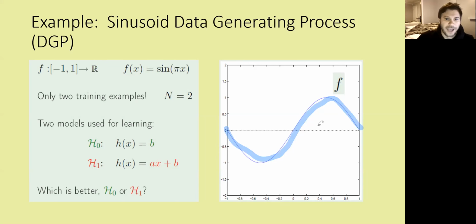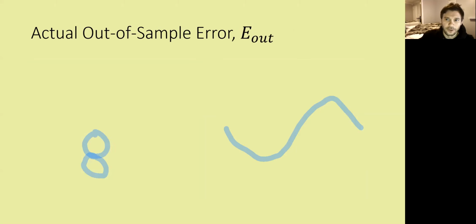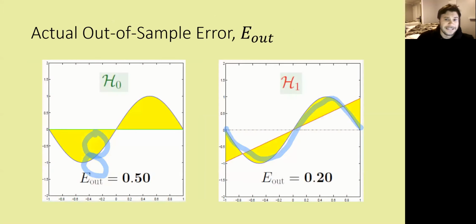And it turns out that if you had sampled the entire population function, if I took every single point on that function and built both H0 and H1, the theoretical model that performs better in terms of the out of sample error is H1.